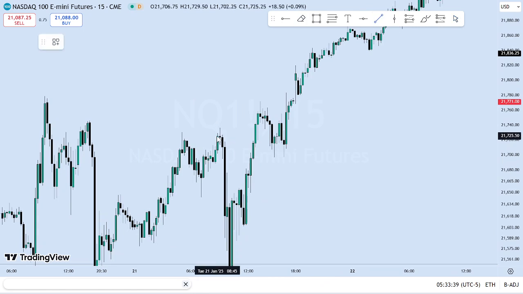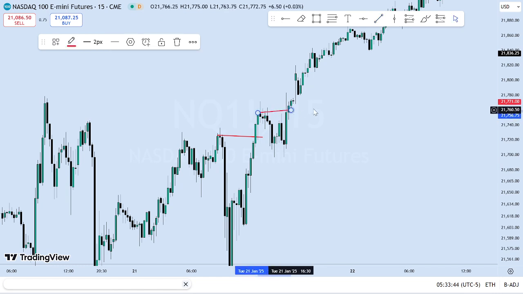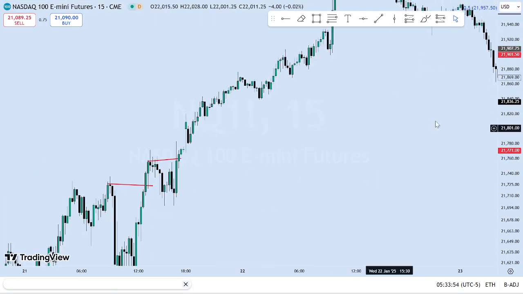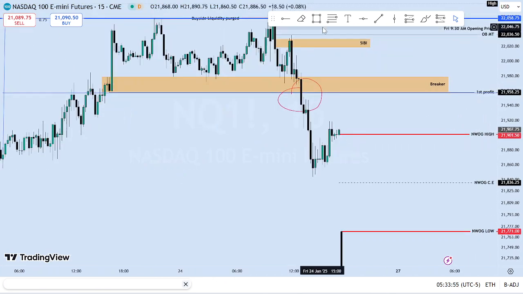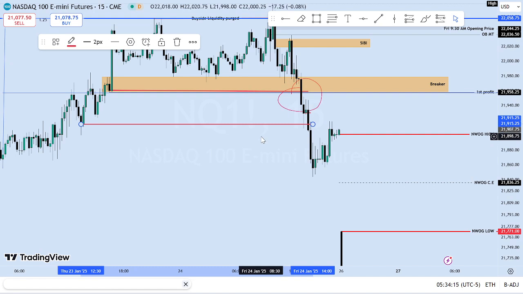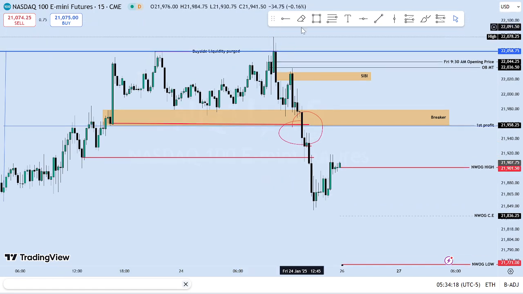If we are bearish, it will be breaking below the last close candle. It breaks below this. You can see it breaking below. That's a bearish trend.